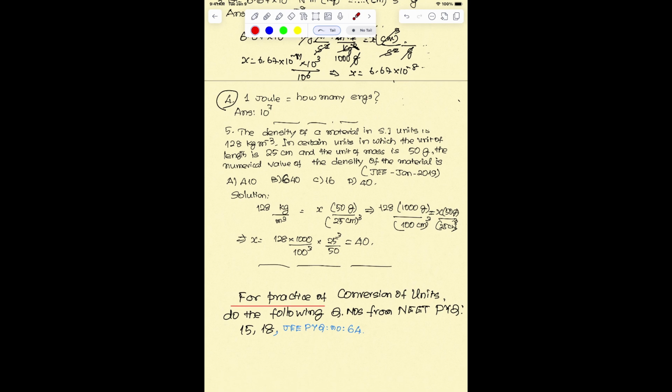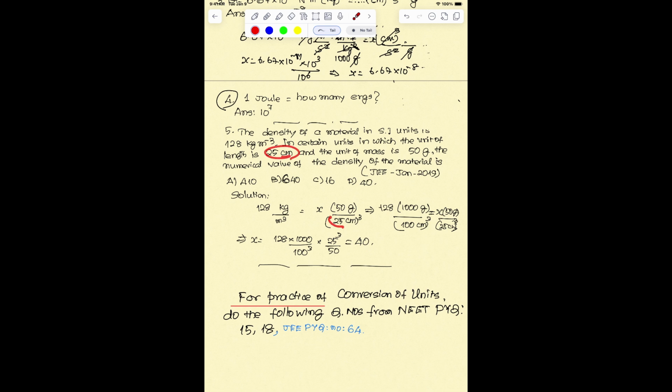Therefore, what you write is just like this. What we have done, 128 kg per meter cube is equal to x into, the unit of mass in the new system is 50 gram each unit. Therefore, write 50 gram here. And then divide by, the length unit is 25 centimeter.